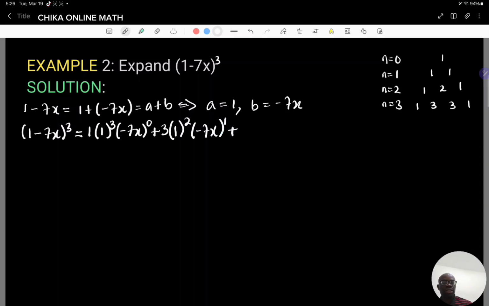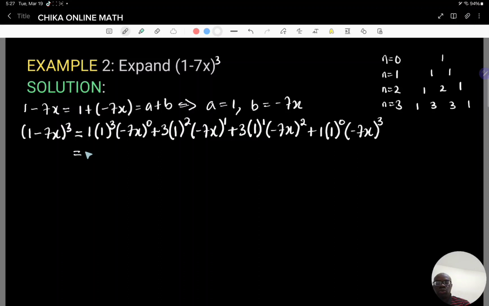Plus, the next coefficient is 3, so we have 3, then the power of 1 will reduce by 1, and the power of minus 7x will increase by 1. Plus, the last coefficient, which is 1, the power of 1 will reduce by 1, and the power of minus 7x will increase by 1, giving you 3.